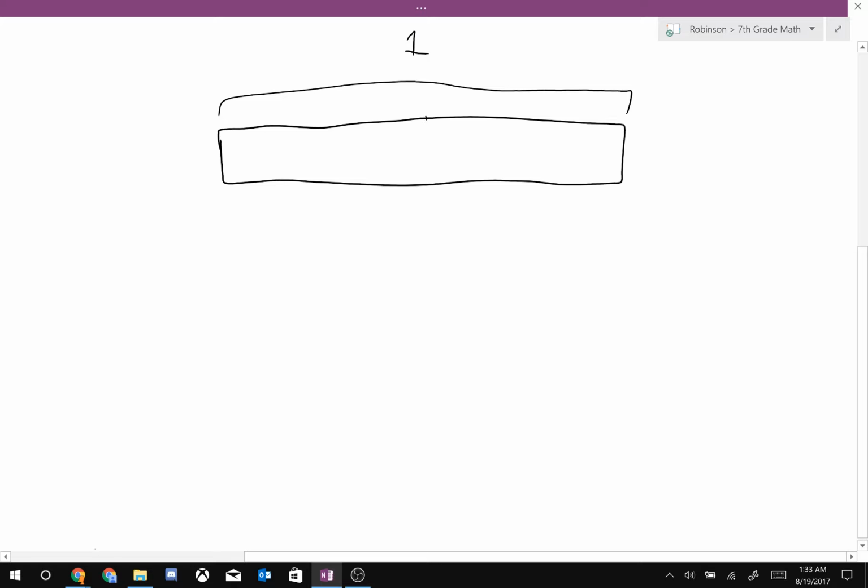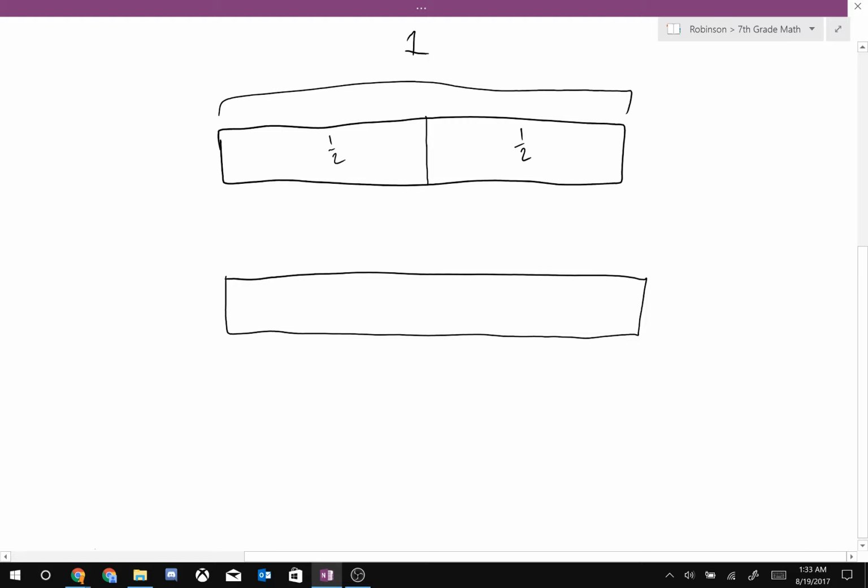If I was to draw a line, that would give us a half on both sides. I'm going to draw another 1. Okay? I'll now cut it into thirds. 1/3, 1/3, and 1/3. Altogether, it makes 1. Okay?